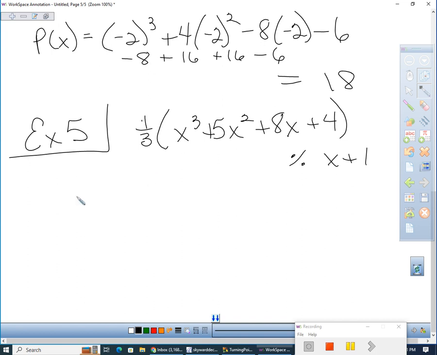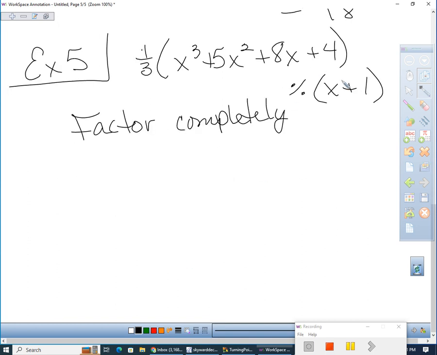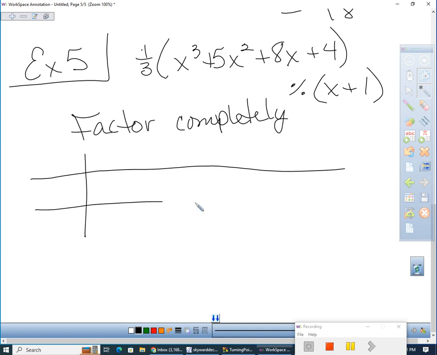What I'm really going to do is I want to factor completely. So one of those factors is going to be this x plus 1. I need to find the rest of them. So the first thing I have to do is divide it by x plus 1. So I'm going to do synthetic. So I have 1x to the third, 5x squared, 8x, and 4.